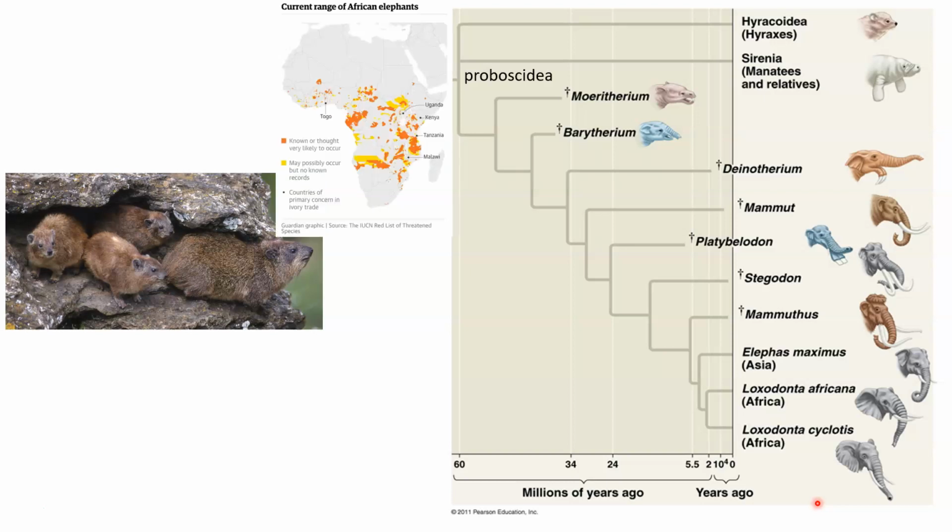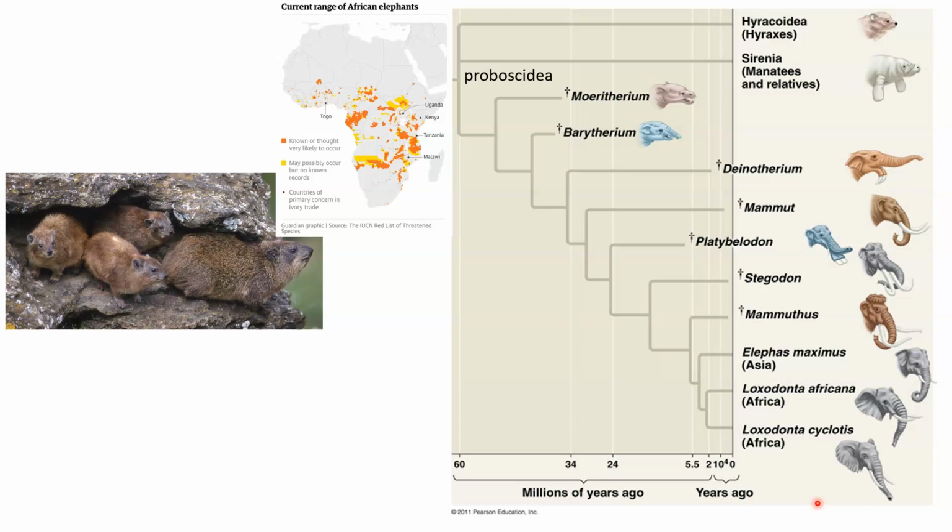So, their current range, well, African elephants, where else do you find them? Africa, right? And in this map, you are looking at 2 types of ranges, right? The bright orange coloration indicates the current known ranges of the African elephant, or ranges where they very likely occur but you don't have direct evidence.